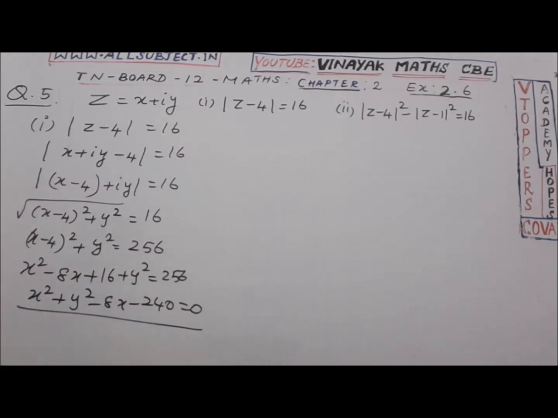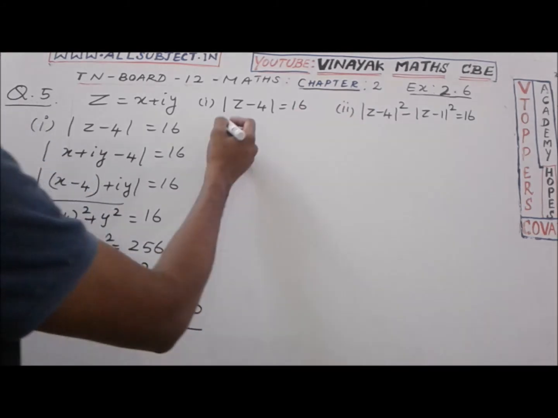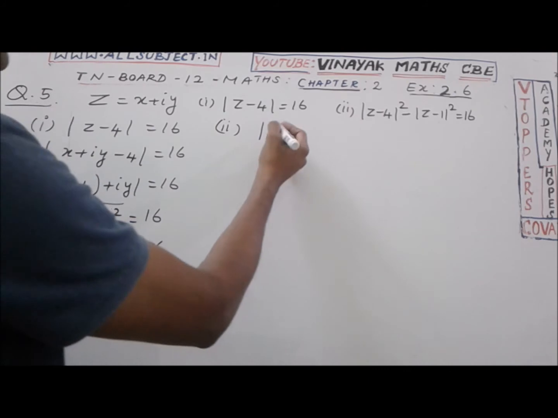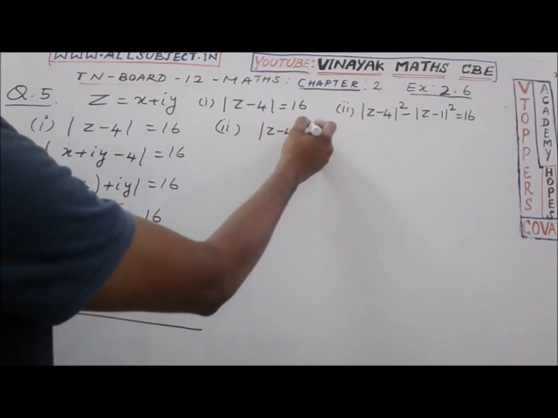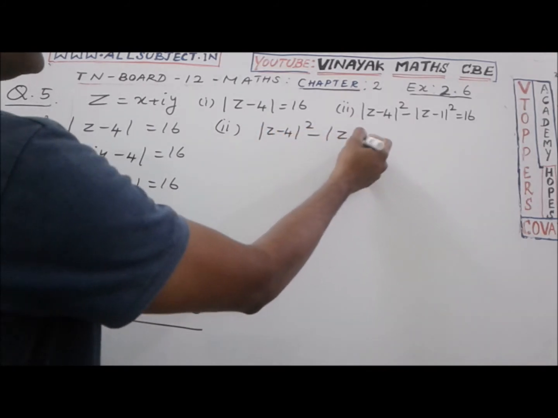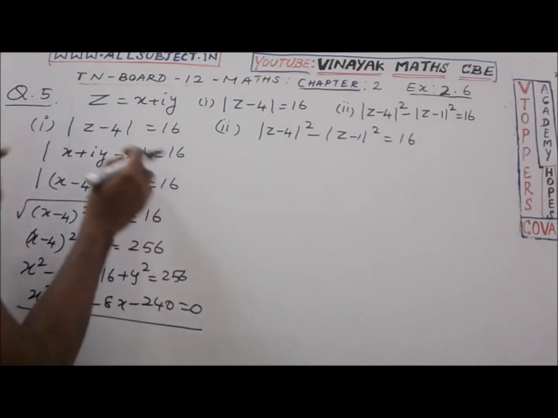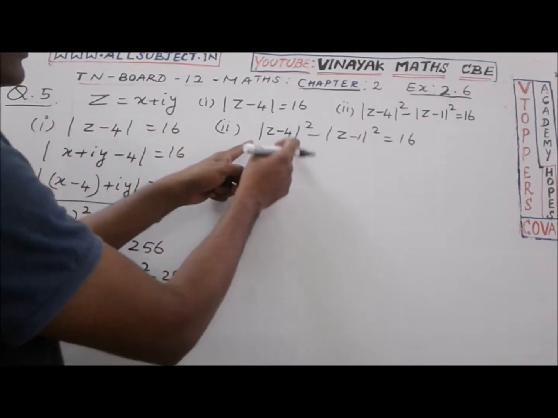And the second one, subdivision number 2, modulus of z minus 4 whole square minus modulus of z minus 1 whole square equal to 16 given. Here we have only modulus, here we have modulus square.